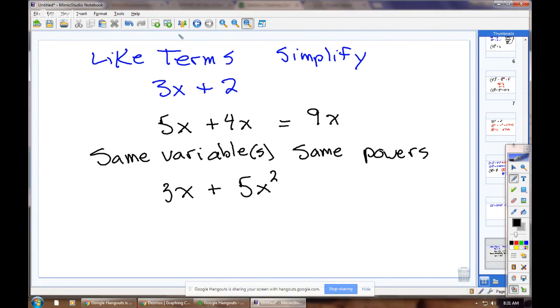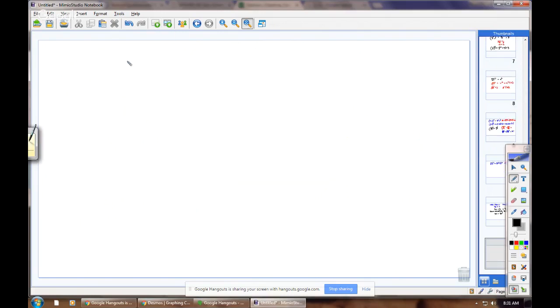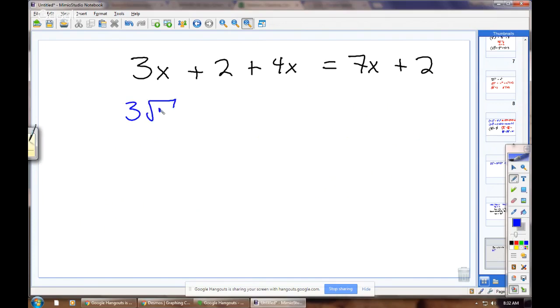So it turns out square roots have a similar property. Consider, for example, 3x plus 2 plus 4x. We know that the 3x and the 4x are like, so we can say this is the same as 7x plus 2. Similar idea with roots would be having something like 3 times the square root of 5 plus 2 plus 4 times the square root of 5.